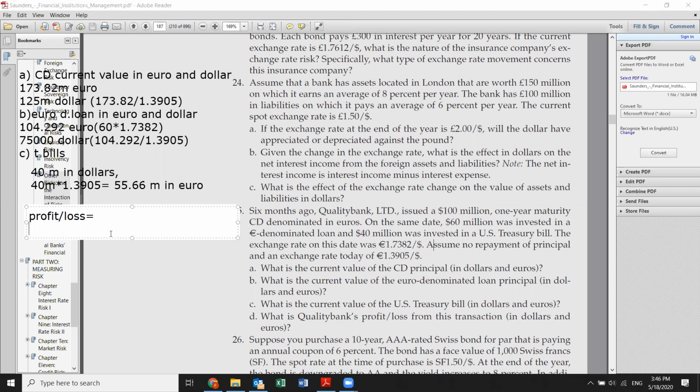Okay, let's go. How do you calculate? For the CD, I took $125 million minus 100, and I got minus 25 of loss. For the CD, 125 minus 100, it's 25.